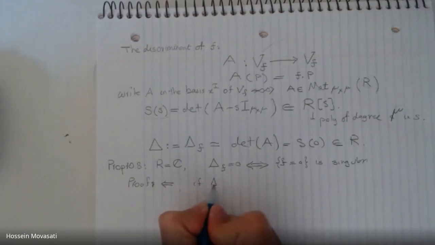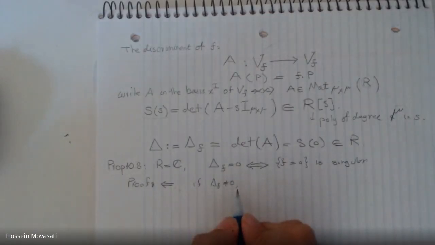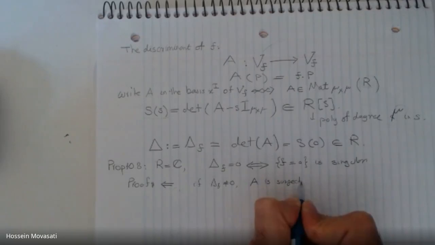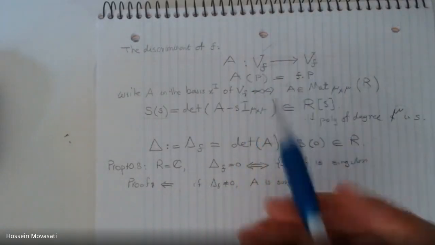If delta f is not equal to 0, what does this mean? This means that A is surjective, because the determinant of A is not equal to 0.